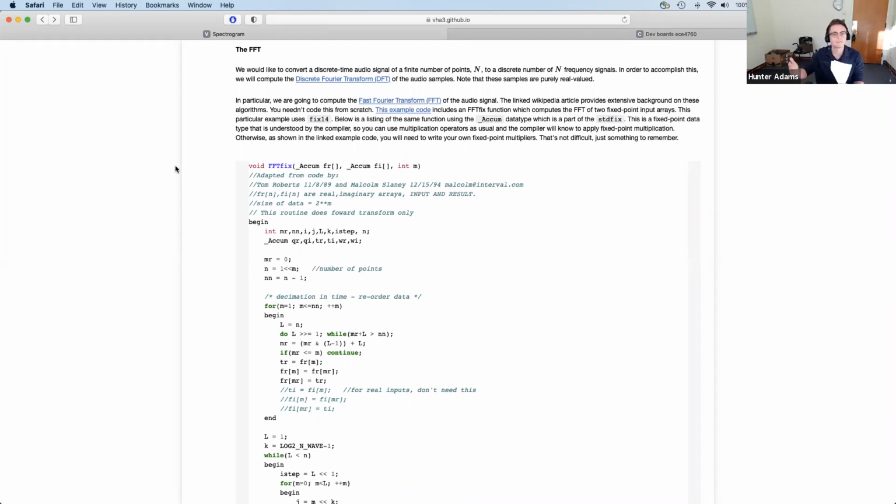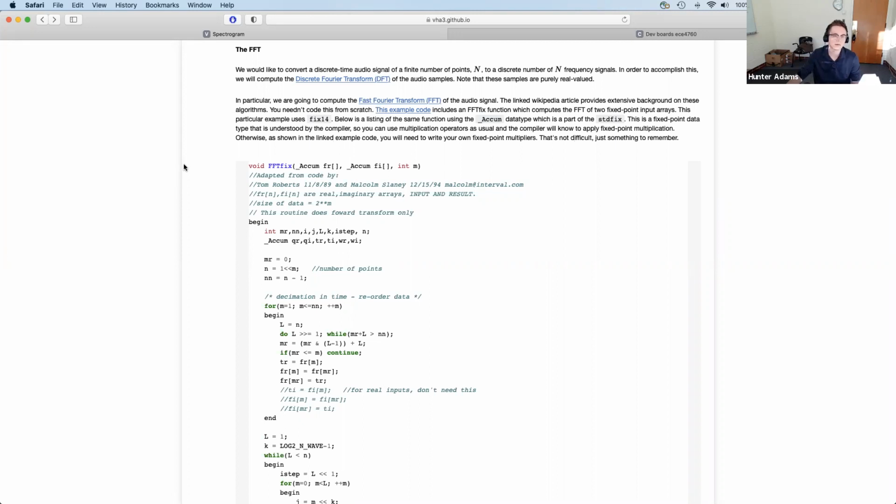The algorithmic development of the FFT, while that's really cool and interesting, is not quite what this class is about. This isn't really an algorithms class. It's more about the implementation of stuff on a microcontroller platform. So in order to keep you working on those sorts of things, we've provided you with a function that will compute this algorithm, and you have to implement it. So that's why we're doing this.